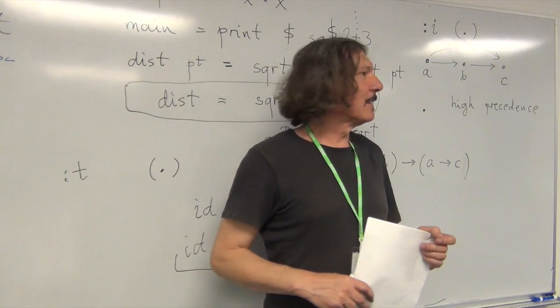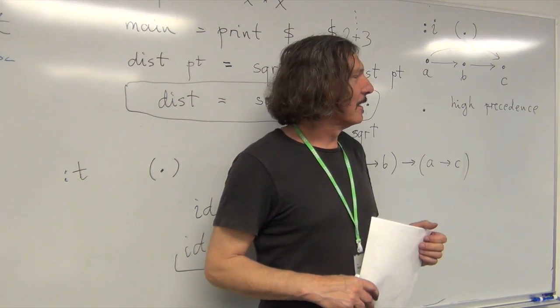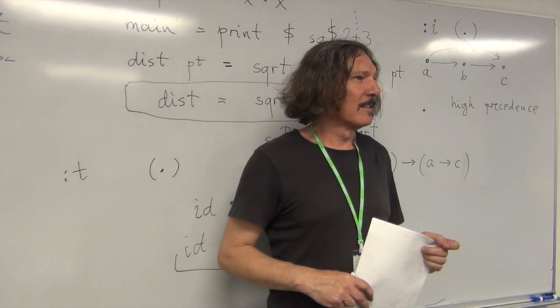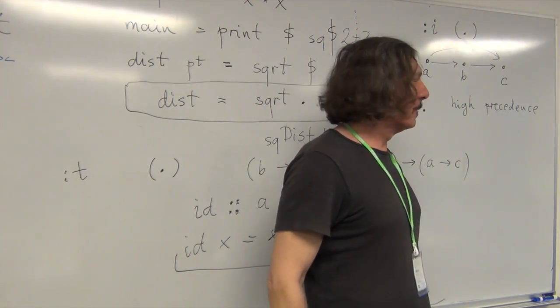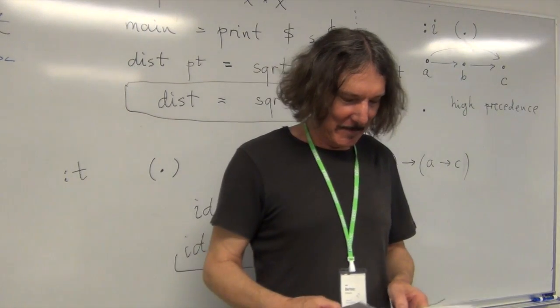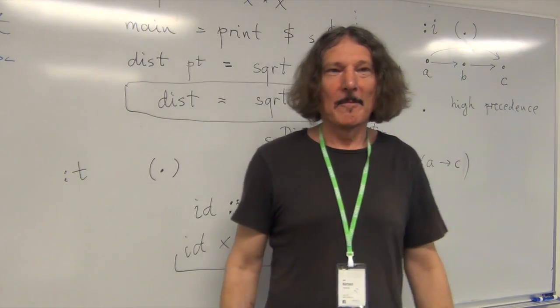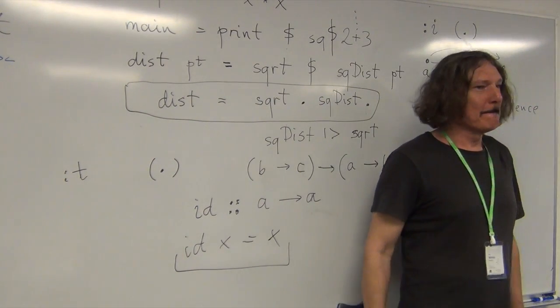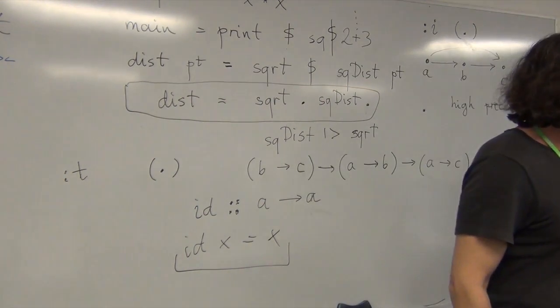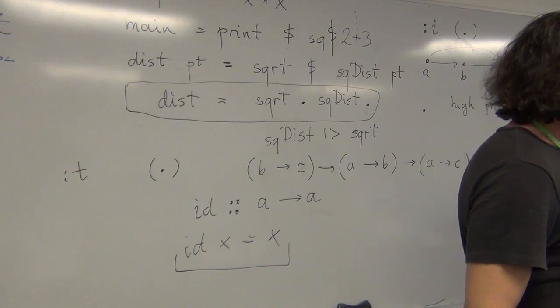What's the type of ID? Try it, Richard. Alright, let's see what we do. Let foo equal foo, what happens? I believe, right, but what's the type of foo is the all important question.